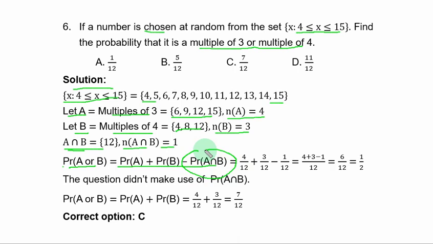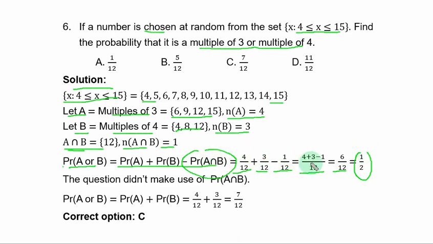If there's no common element, you just take the addition of the 2 subsets. The total number of elements in the given set is 12. So you have 4 over 12 plus 3 over 12 minus 1 over 12. That simplifies to 6 over 12, and that is 1 over 2.